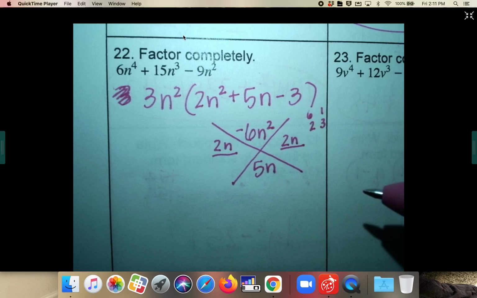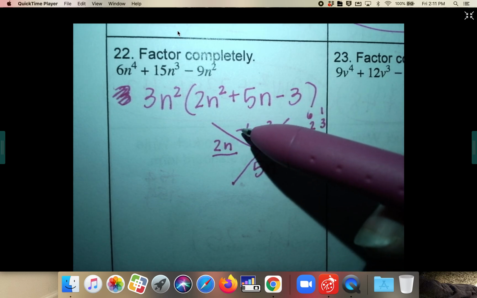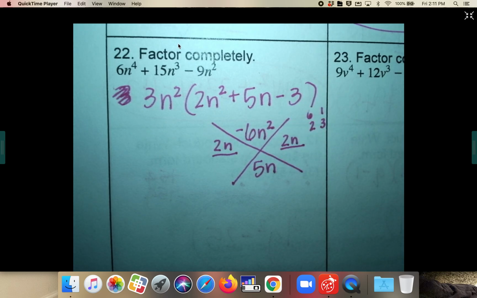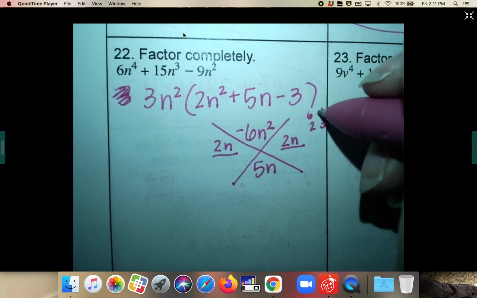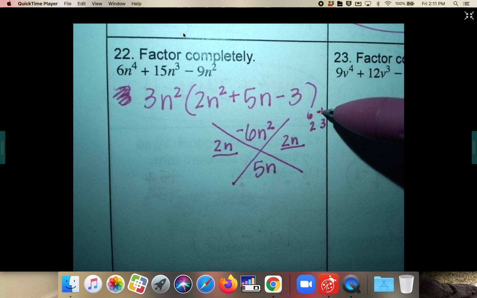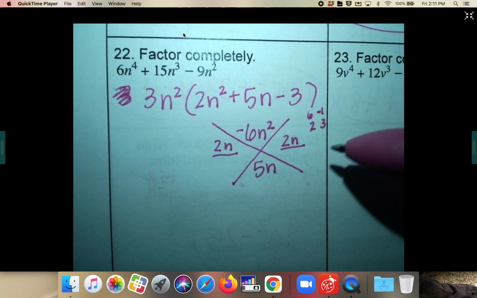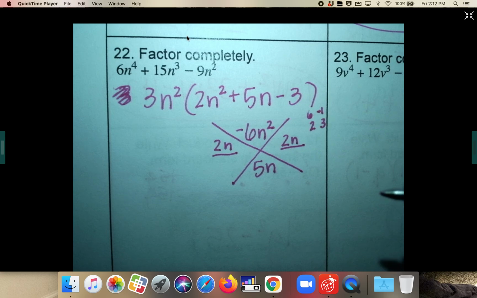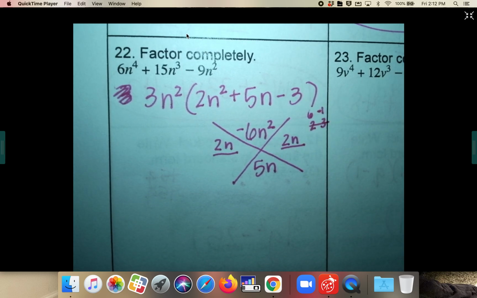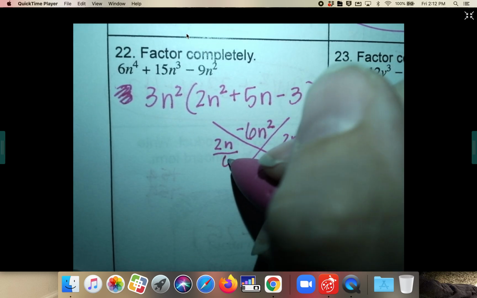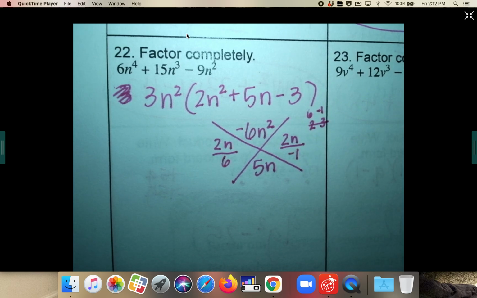So let's go on one step further. We want to multiply and be negative 6. So that could be this way. 6 times negative 1 is negative 6. What about 6 plus negative 1? Yes, that is 5. Okay, so it's going to be 6 and negative 1. So I'm going to put 6 and negative 1 as my denominators.